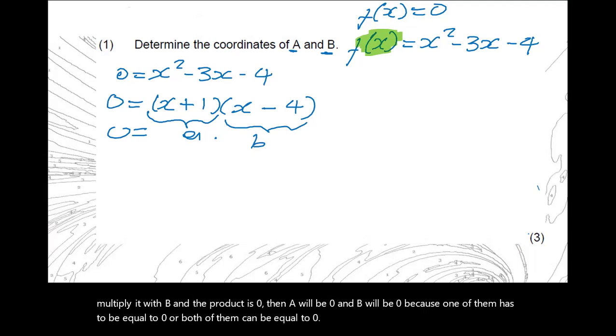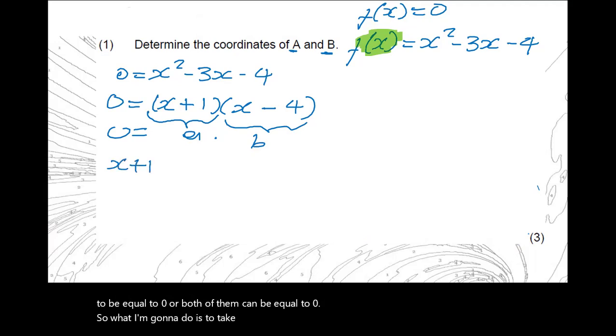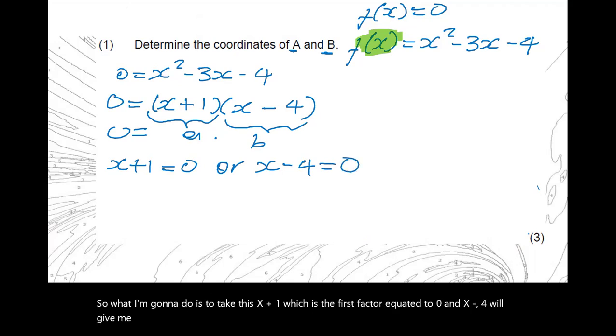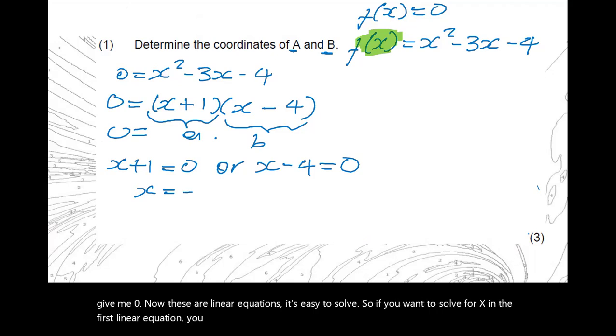So what I'm going to do is take this x plus 1, which is the first factor, equated to 0, and x minus 4 equated to 0. Now, these are linear equations. It's easy to solve. For the first linear equation, you just transpose the 1 to the right-hand side, and it becomes negative 1. For the second equation, you transpose the negative 4 to the right-hand side, and it becomes positive 4.